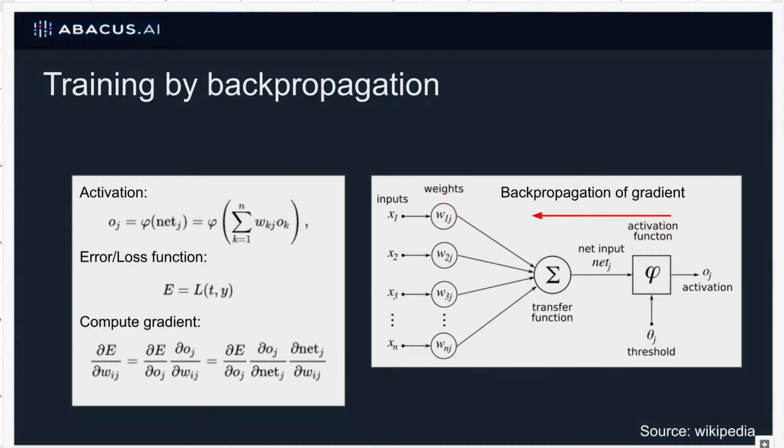That's all the reason. So in practice, this only computes the gradients for a specific layer of a neural network. If you have many layers, you apply the chain rule many times.